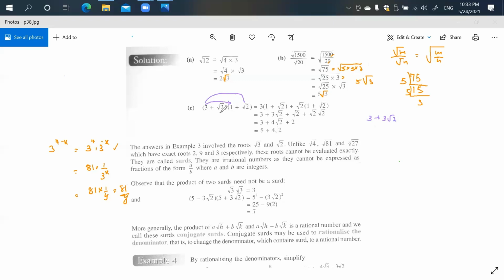Square root 2 times 1 becomes plus square root 2. And square root 2 times square root 2 becomes plus 2. Now we simplify, right? 3 plus 2 becomes 5. 3 square root 2 plus 1 square root 2 becomes 4 square root 2. Finish. The answer, same thing, right?